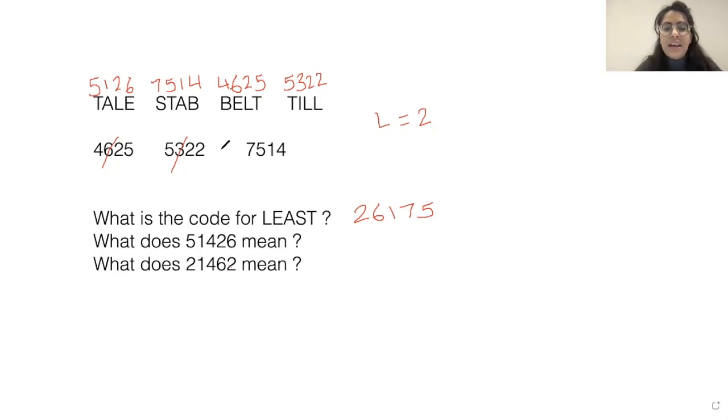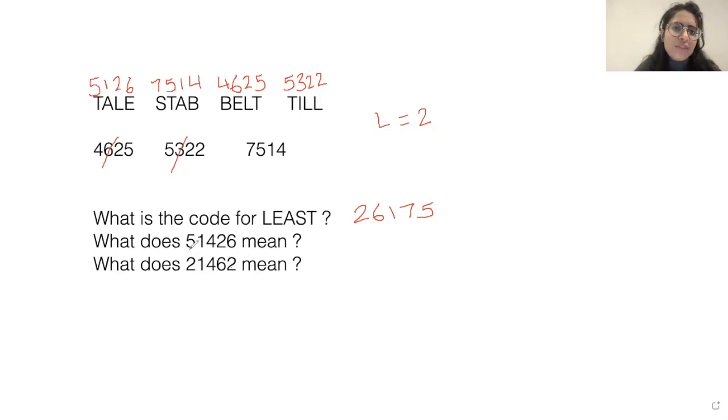Okay, now we're given some codes and we need to figure out what the words are. Now, if it doesn't make a word, we know we've done something wrong and we have to start again. So it's a very good way of checking to see if we've got the right answer. Right, so let's give it a go.